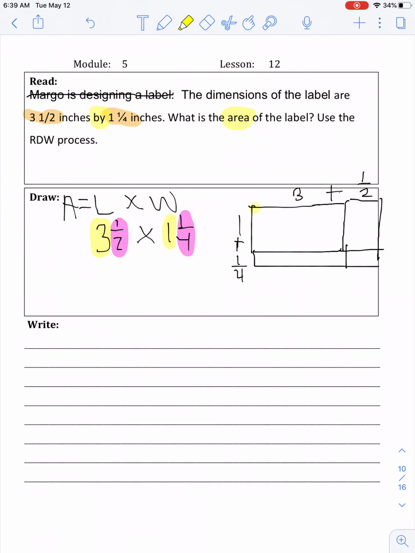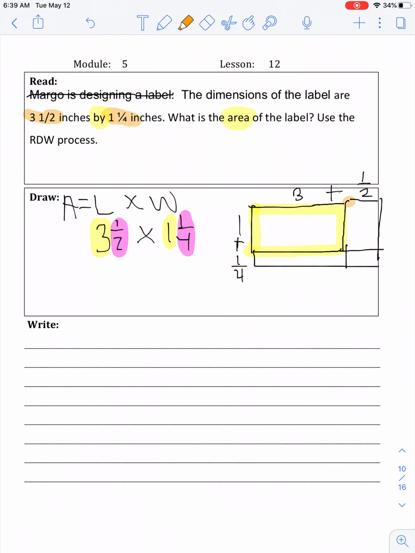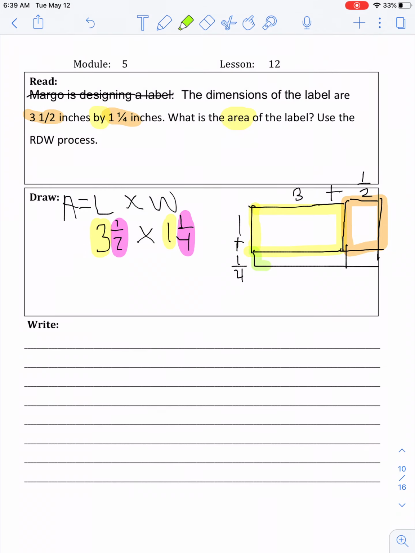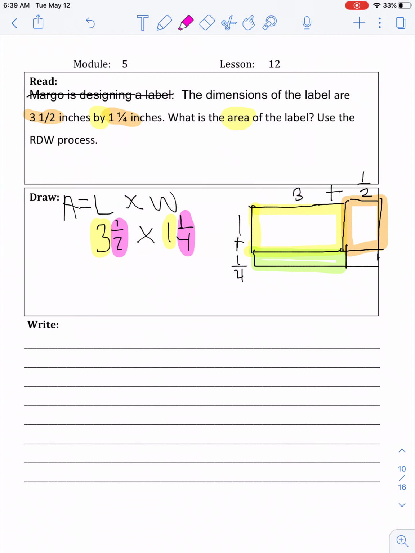We have the area of 3 times 1. We have the area of 1/2 times 1. We have our area of 1/4 times 3, and we have our area of 1/2 times 1/4.